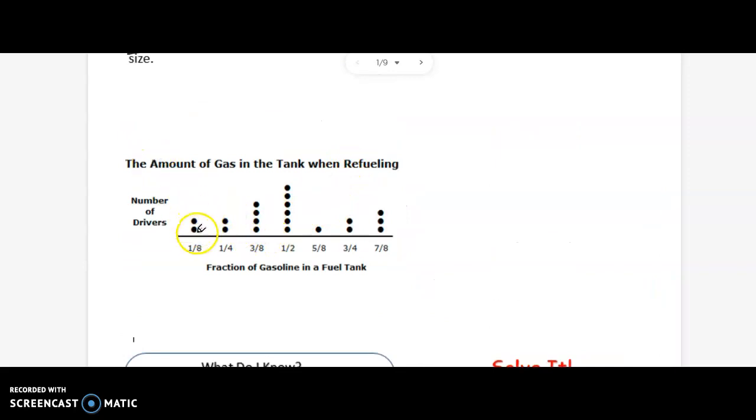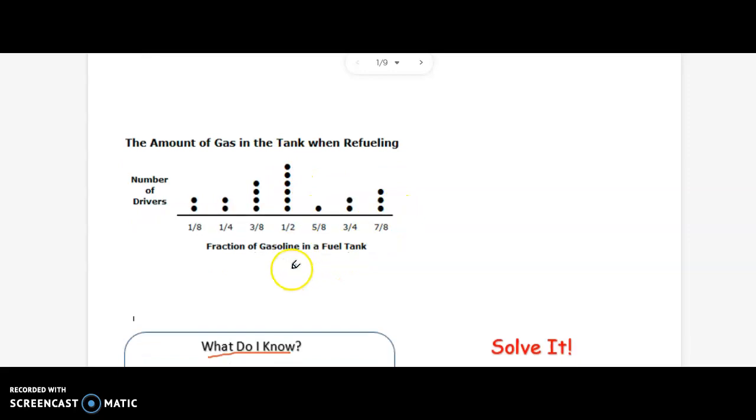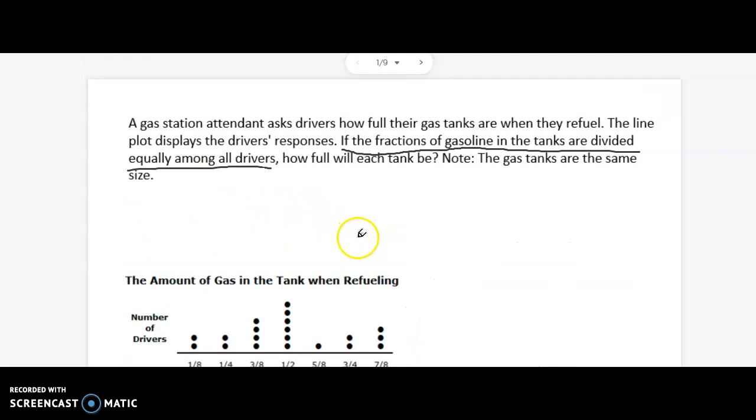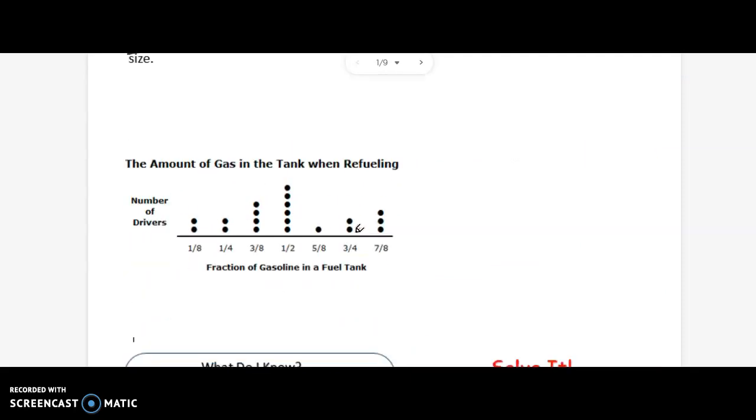We know that there were 1, 2, 3, 4, 5, 6, 7, 8, 9, 10, 11, 12, 13, 14, 15, 16, 17, 18, 19, 20. We know that there were 20 drivers.